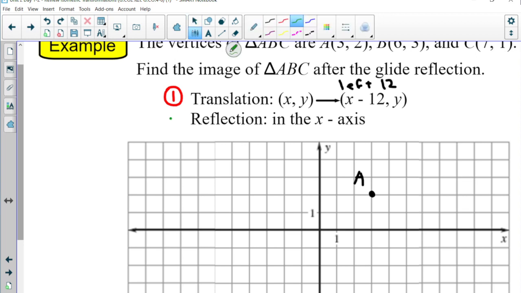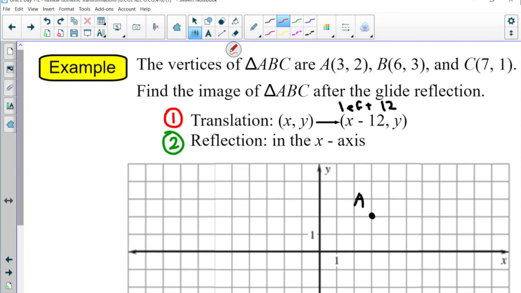And then this will be transformation number 2. So if I want to go to the left 12, well then I'm going to shift it and count 12 to the left. So 1, 2, 3, 4, 5, 6, 7, 8, 9, 10, 11, 12 to the left will wind me up here for A prime.